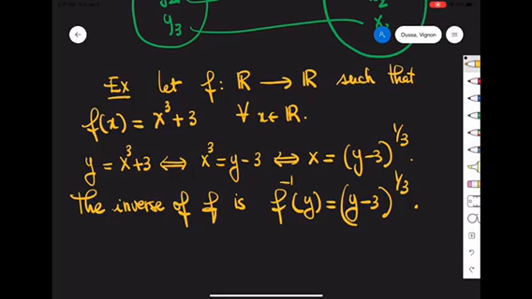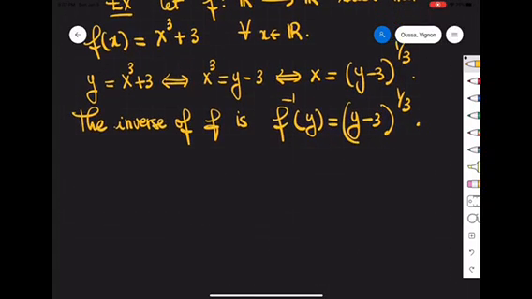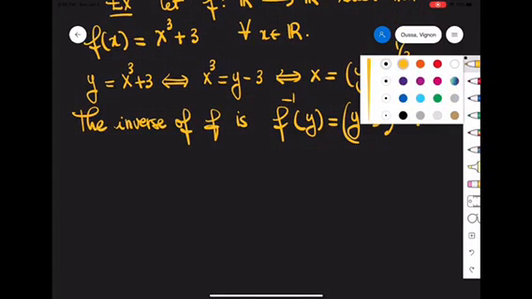Now, to show you that it is really important for a function to be injective when one is interested in the inverse, let's look at this example. So, remark.